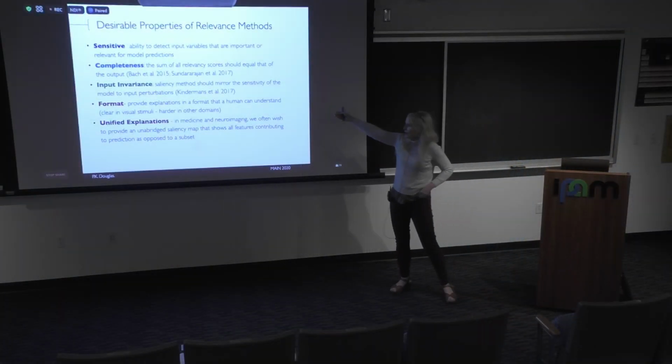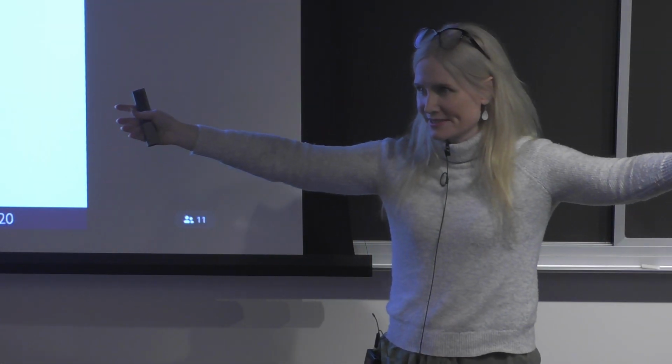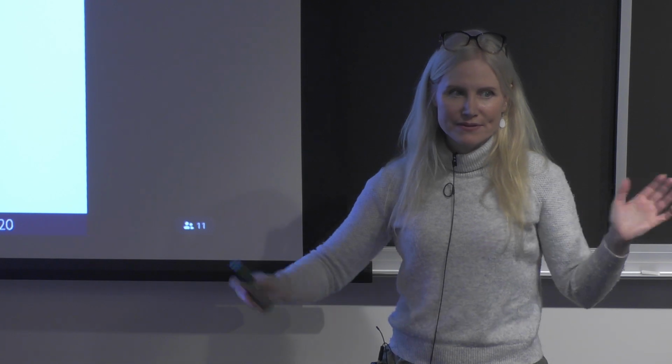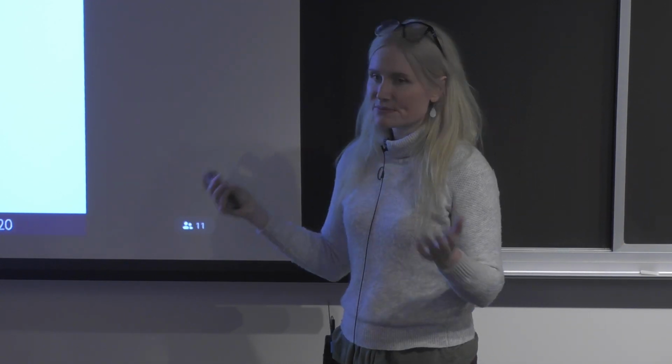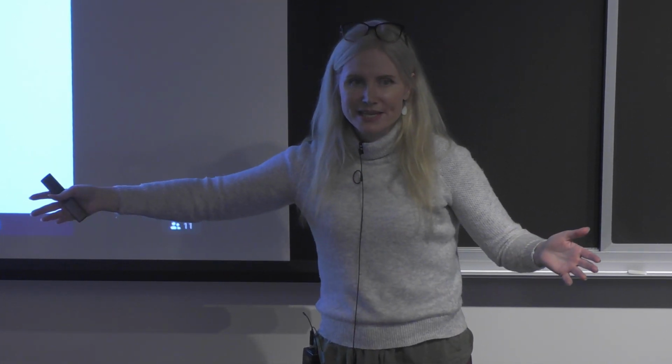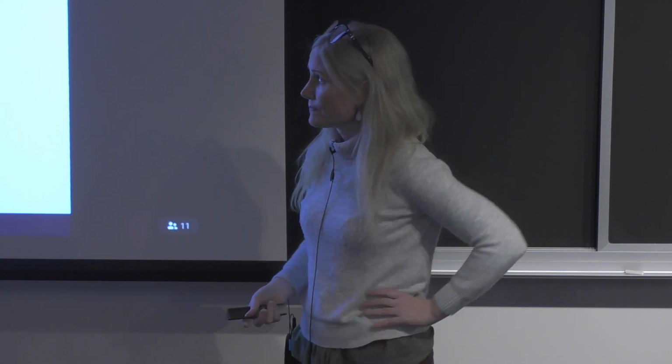Of course, we want to provide the explanations in a format that the human can understand. If you were not at the talk yesterday, I thought this was very interesting: we shouldn't really consider deep learning models black boxes, but rather opaque boxes, because indeed we can print out all of the different weights and know everything that's happened with the learning process. But it's in this large format across so many layers that it's not very easy for the human to understand what's really happening.